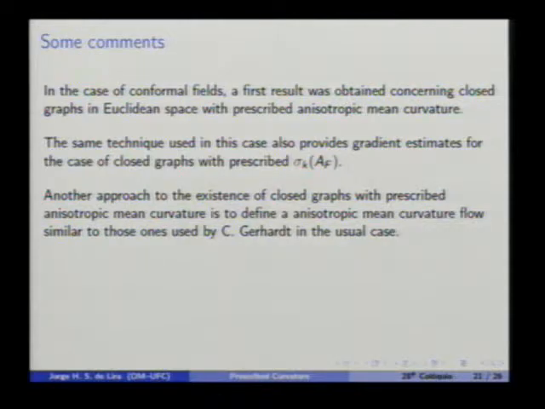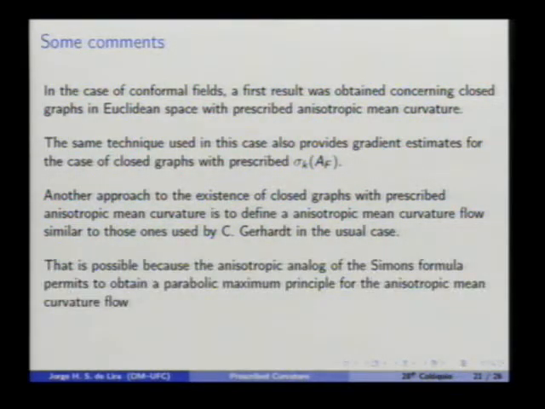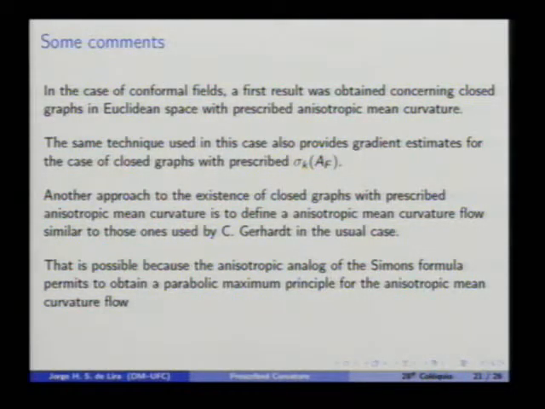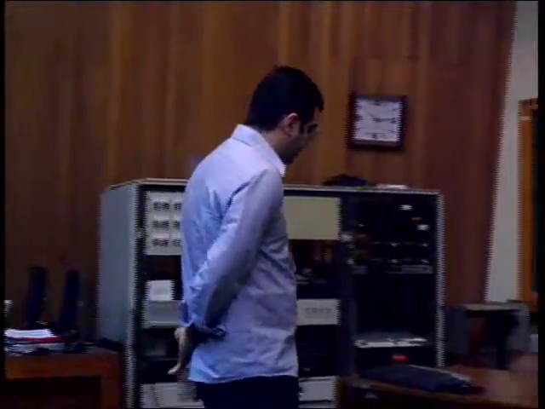This could be done at least for the case of horizontally constant Lagrangians, because in that case you could derive a kind of Simons' formula and get a parabolic maximum principle for this flow.